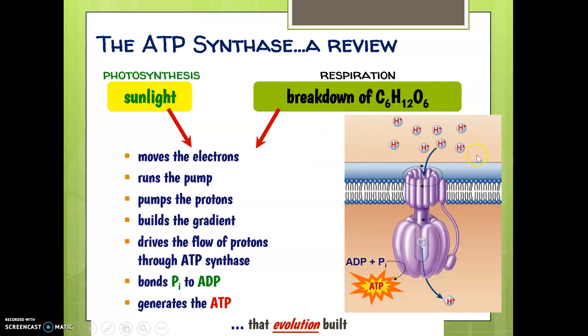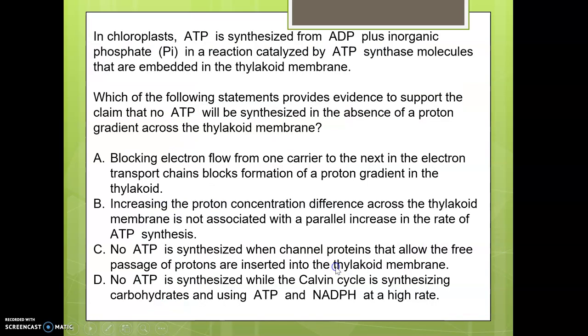This pumps all of our protons and builds the gradient. When we have that concentration gradient of protons, it causes ATP synthase to activate, and then it bonds that extra phosphate to ADP to get ATP.